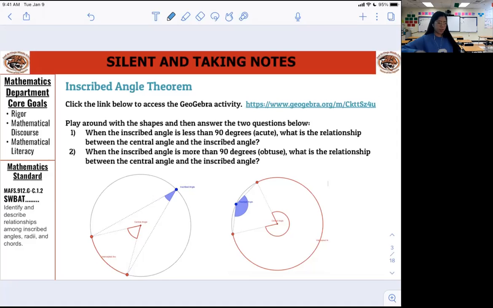So start seeing if you notice any patterns, and once you've played around with it for a while, you can come back to the screen and see if you can answer those 2 questions that I have up on the board.